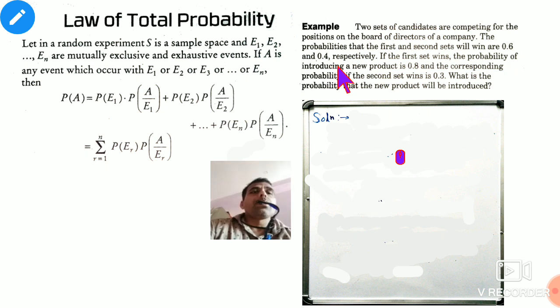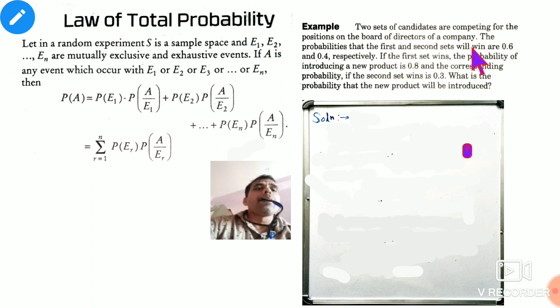First read the question and understand it. Two sets of candidates are competing for the position on the board of directors of a company. The probabilities that the first and second sets will win are 0.6 and 0.4 respectively.